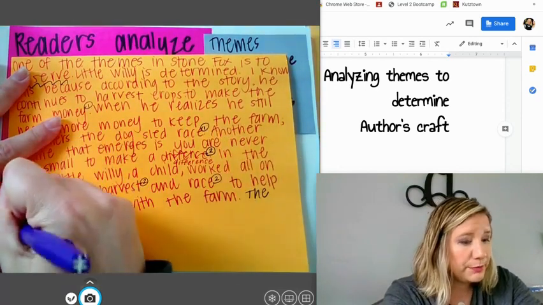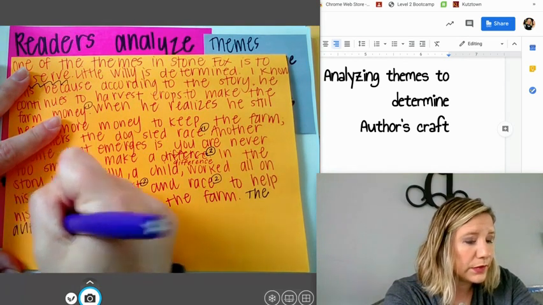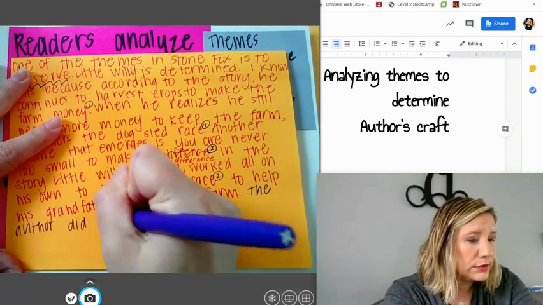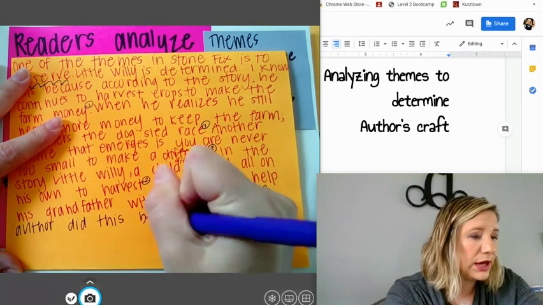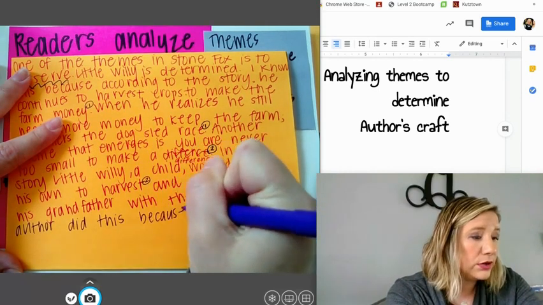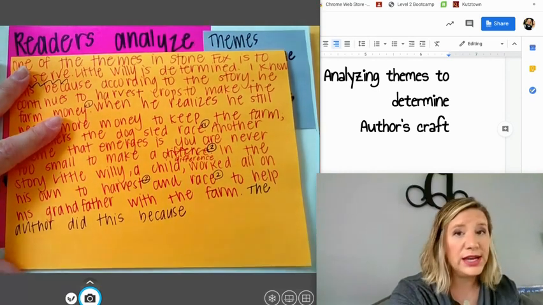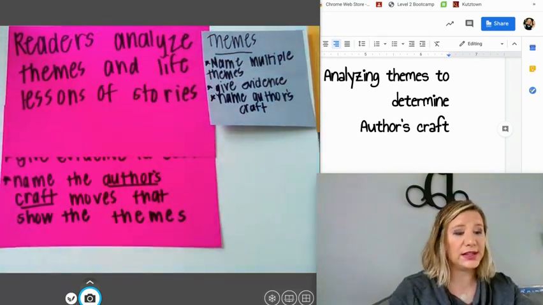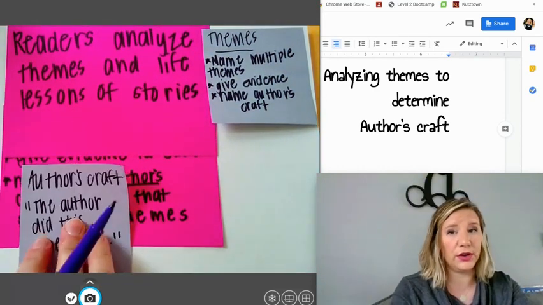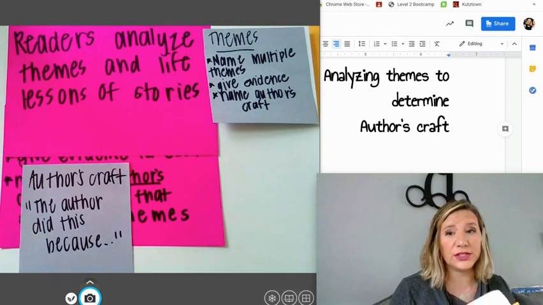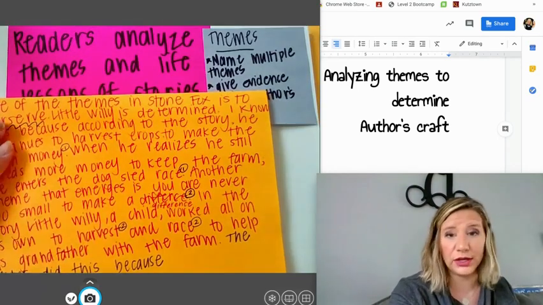The author did this because, and you'll notice my sentence starter is the exact sentence starter that we talked about earlier. Author's craft. The author did this because. That's exactly what I used.